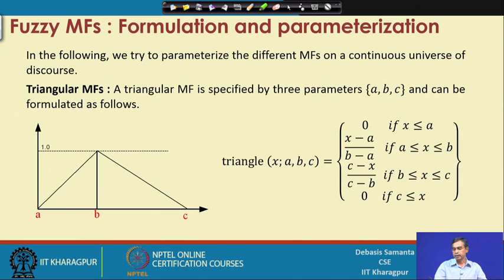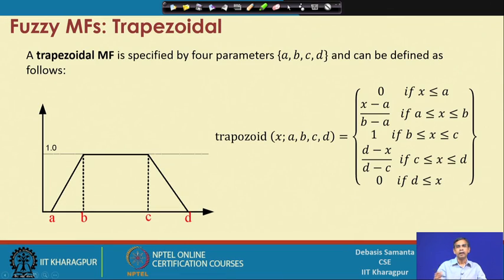Using the same concept, the same idea, we can define the other membership functions. For example, in these slides we can show the trapezoid membership function. However, unlike the triangular membership function, here we need 4 different parameters, called A, B, C, D. In terms of these 4 parameters we can define this membership function: if x is less than or equal to A, it is 0, and if x is in between A and B, it is this slope, which can be expressed in this form.